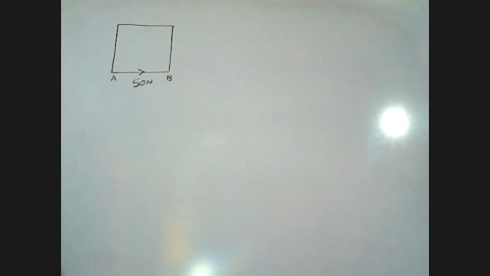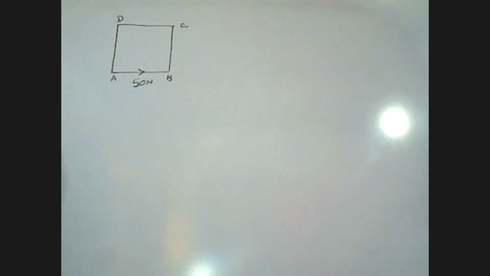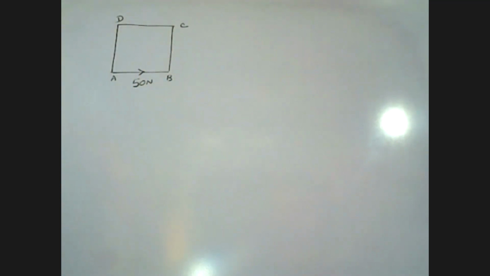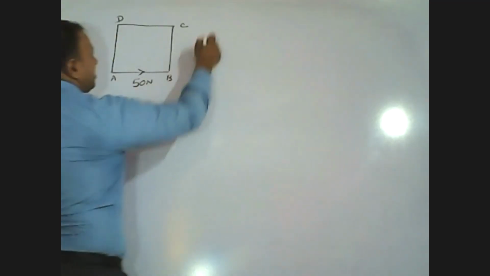Give me your answers, okay? We are asked to find BC, DC, and AD, the magnitudes of the other three sides.